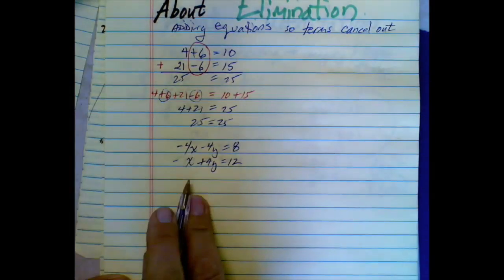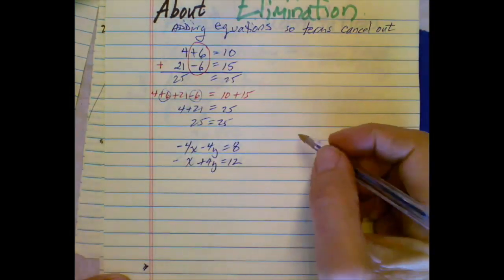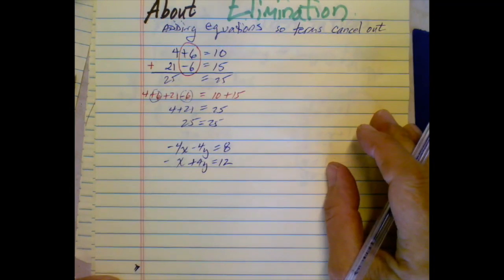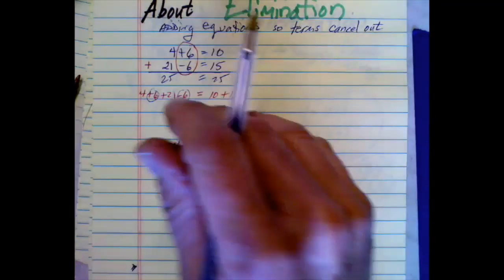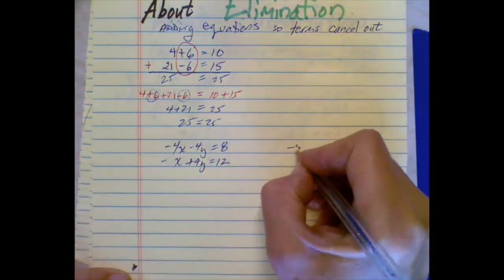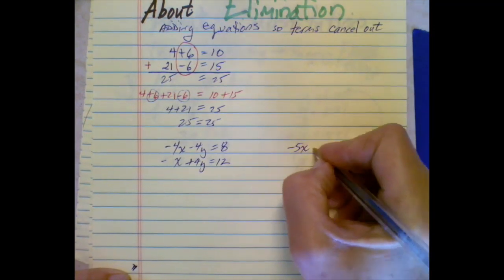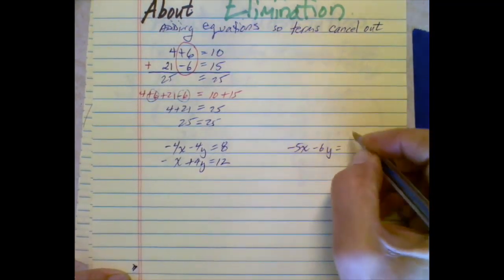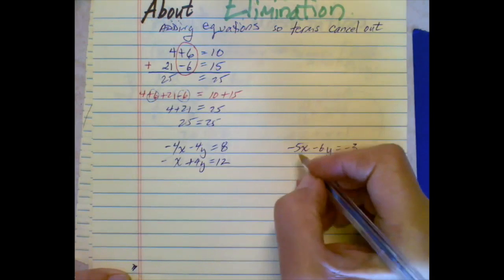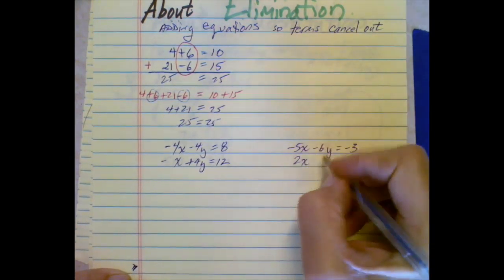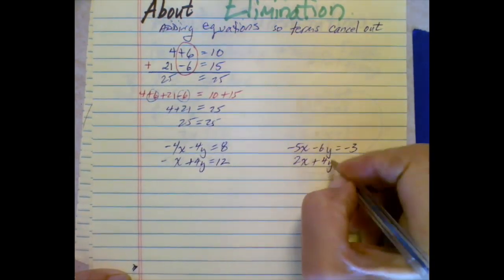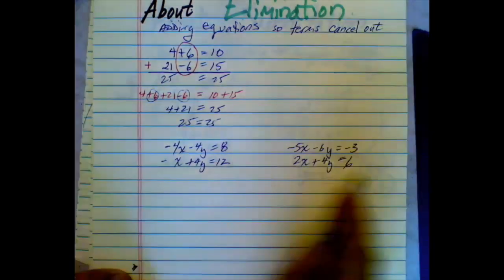So this is the first system, and I'm going to contrast it with another system over here. Negative 5x minus 6y equals negative 3, and 2x plus 4y equals 6. So here's two systems of equations.